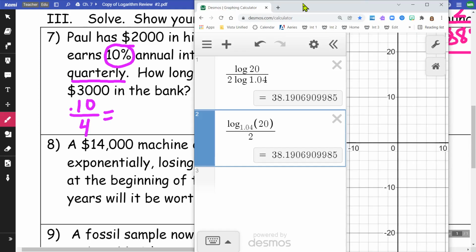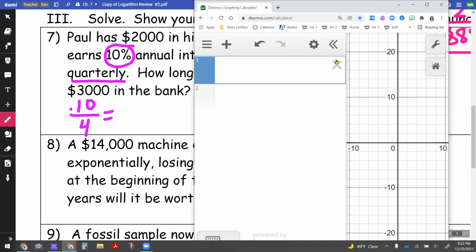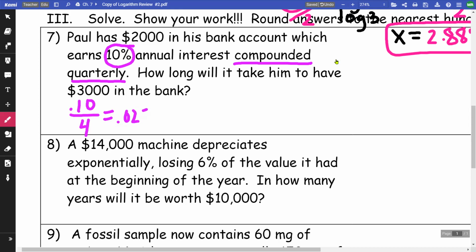So if I was to take 0.10 divided by 4, I see I get 0.025. So that means I'm getting about 2.5% 4 times a year.